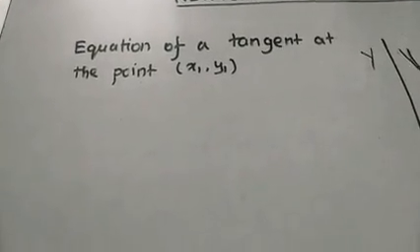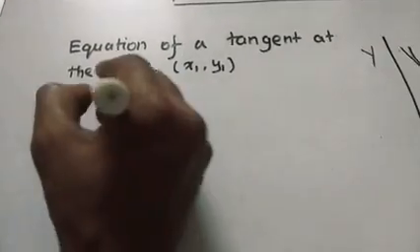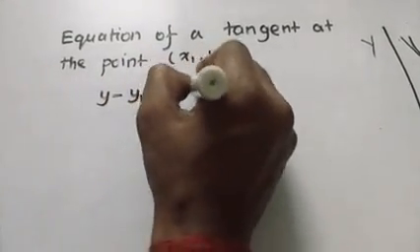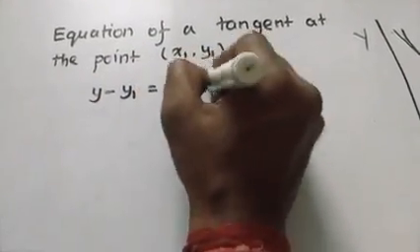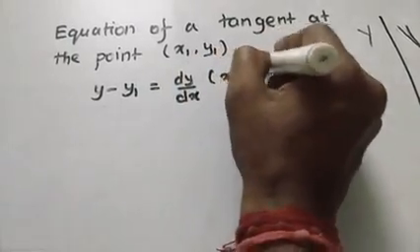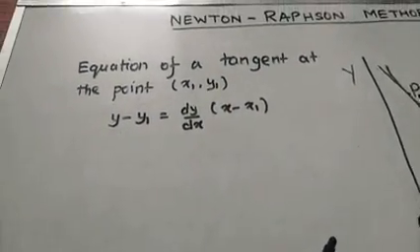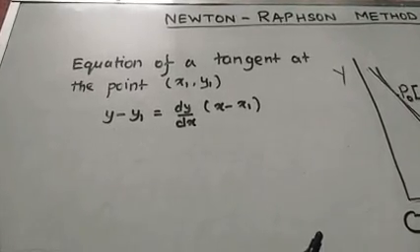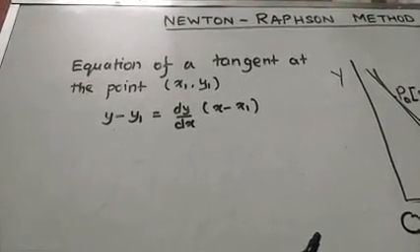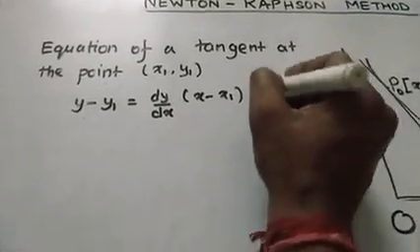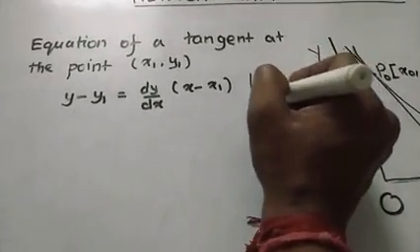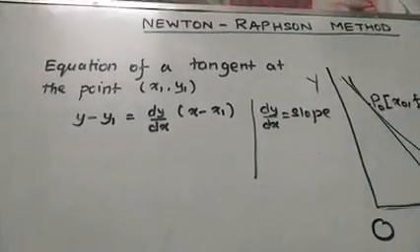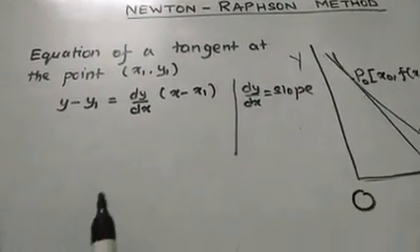The equation of a tangent at the point x1 comma y1 is y minus y1 equals dy by dx into x minus x1, where dy by dx is called the slope. dy by dx is known as the slope.